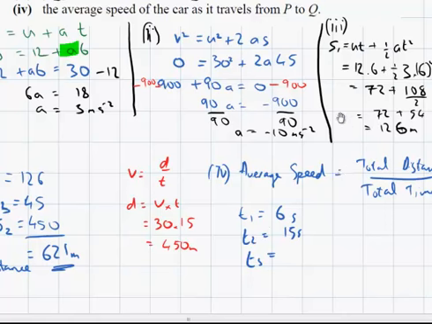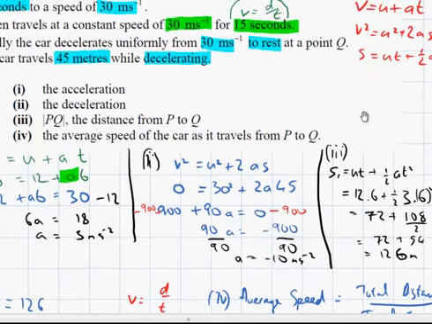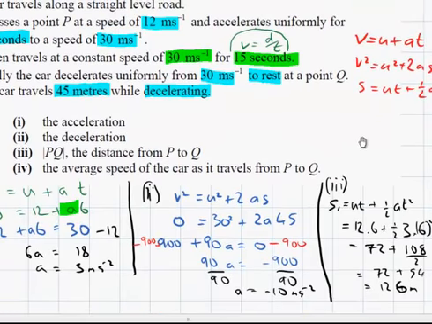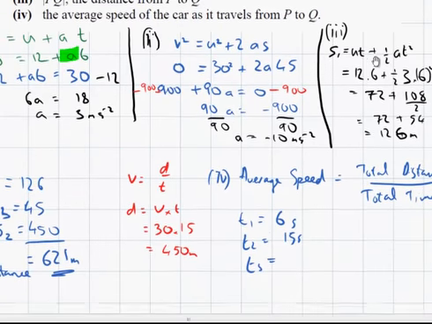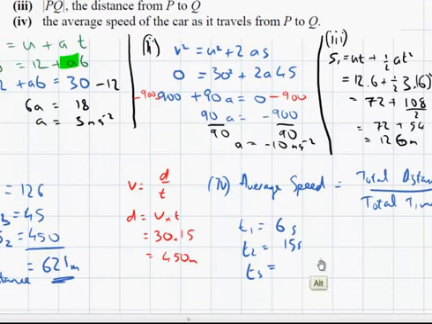Now, if we're looking for time, we could use either the first or the third one. The first one will work out easier because there's no squared in the time, so we'll use that one. So I'll fill in the numbers here to work that out now. And the equation is V is equal to U plus AT.